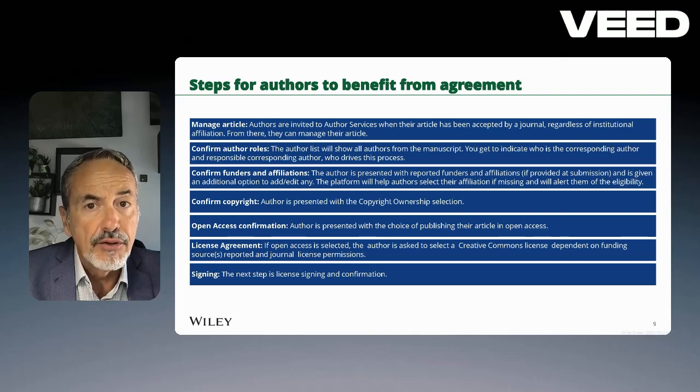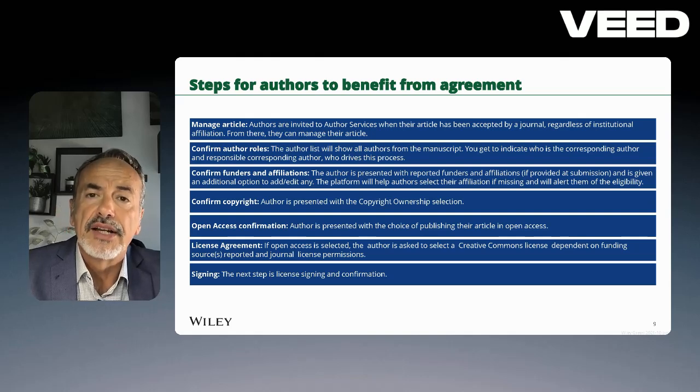Then the third action is to confirm funders and their affiliations. So you need to review the reported funders and affiliations provided at submission. You can add or edit any information as needed. The platform will assist you in selecting your affiliation if missing and will alert you of eligibility.